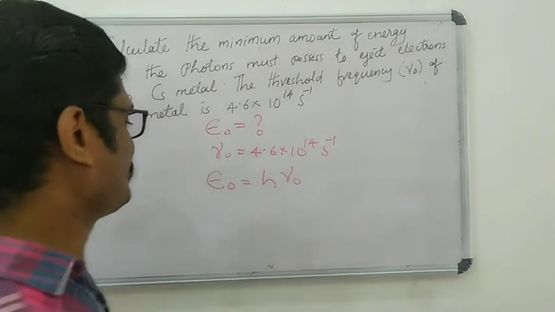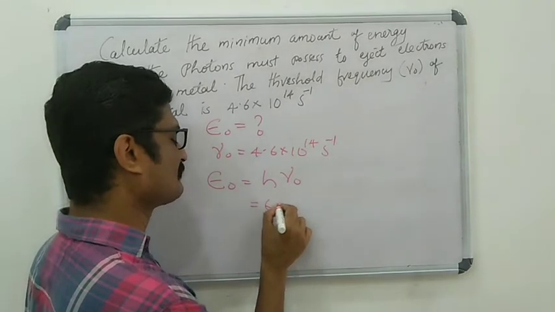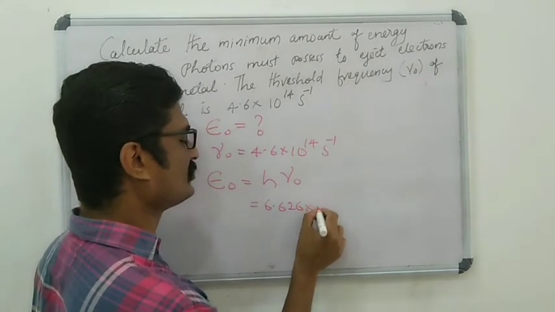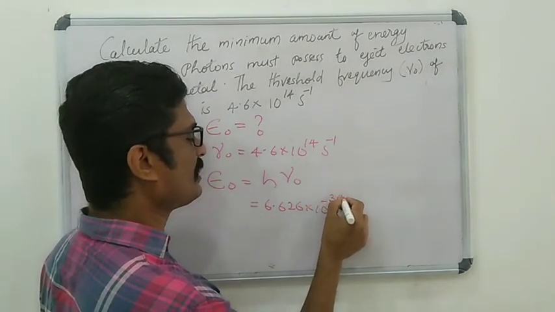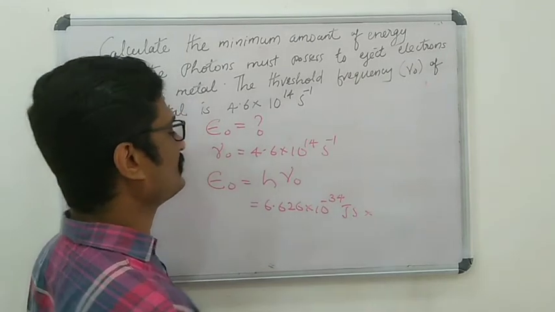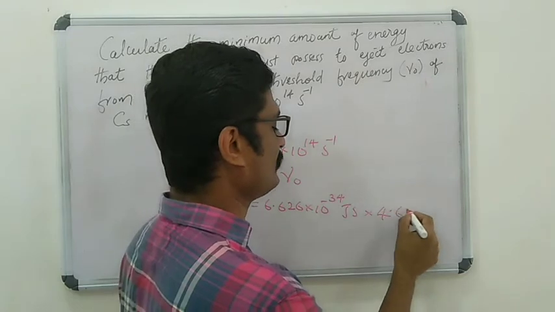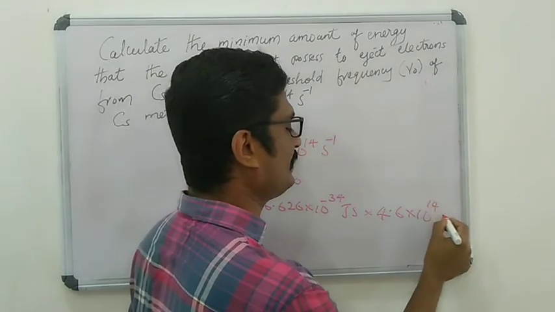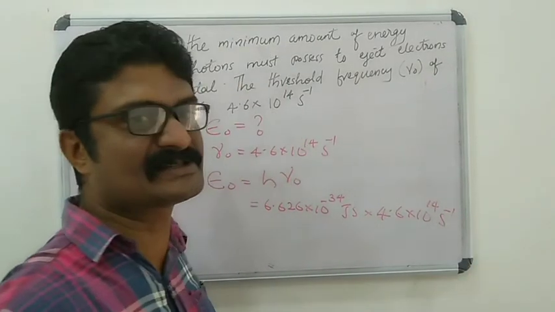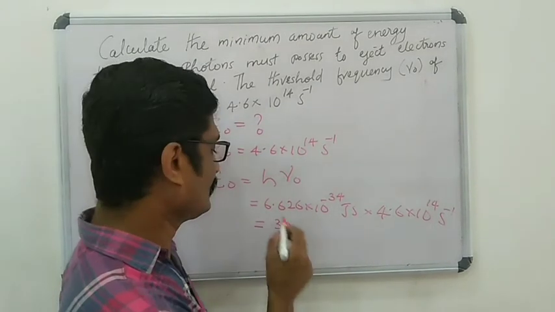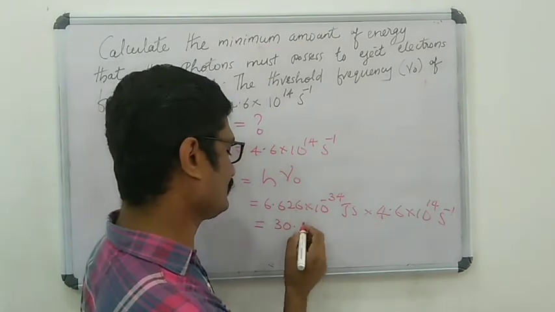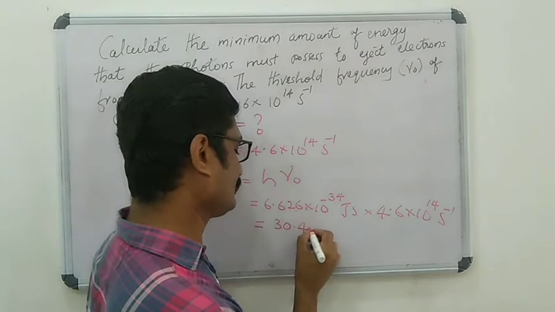The value of h, Planck's constant, is 6.626 into 10 raised to minus 34 joule second, into nu 0, 4.6 into 10 raised to 14 second inverse. 6.626 into 4.6, the answer is about 30.49.